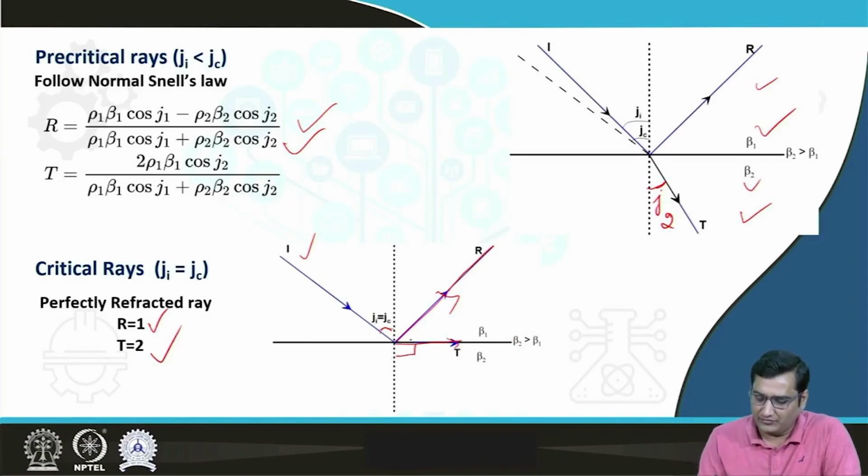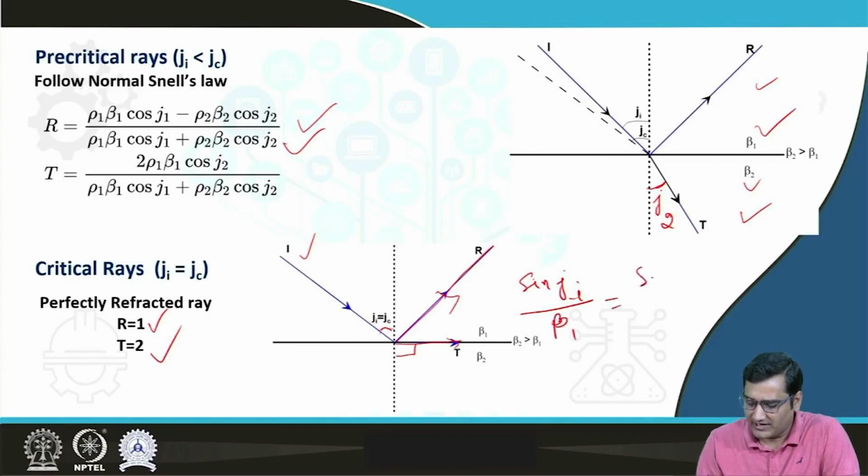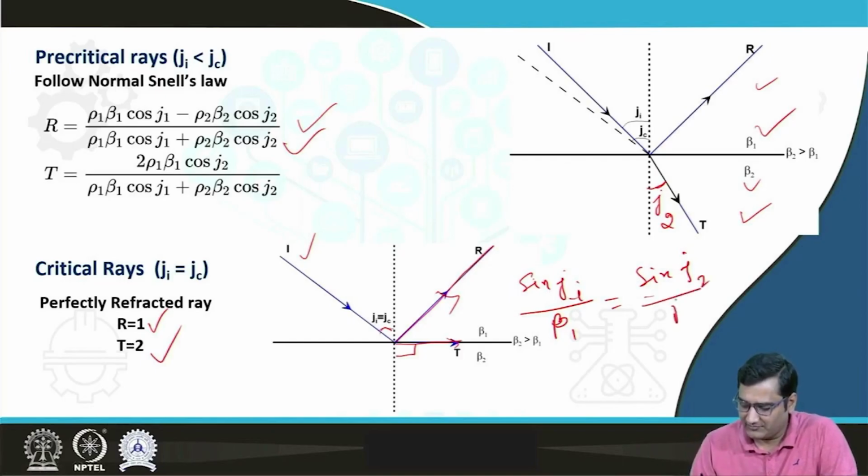If you want to apply Snell's law in this case, what you will see is that sine of ji divided by the velocity of the upper medium, beta 1, is equal to sine of j2 divided by beta 2.